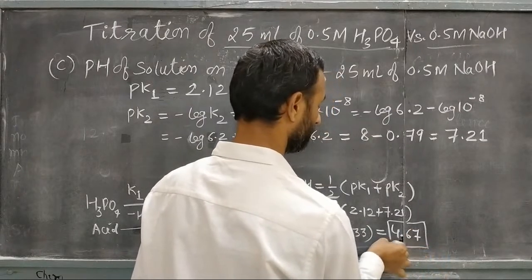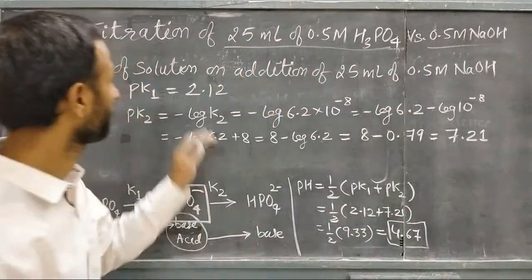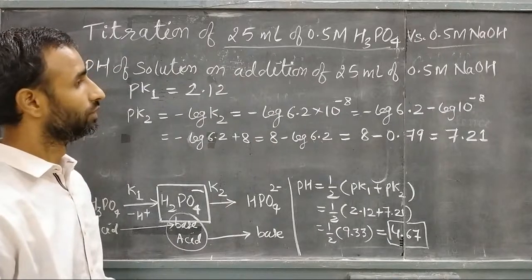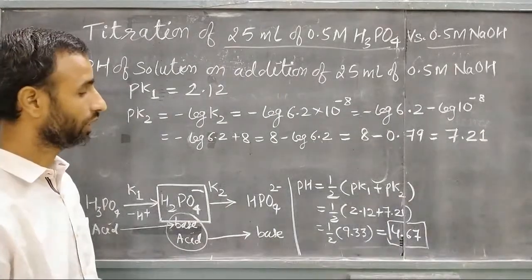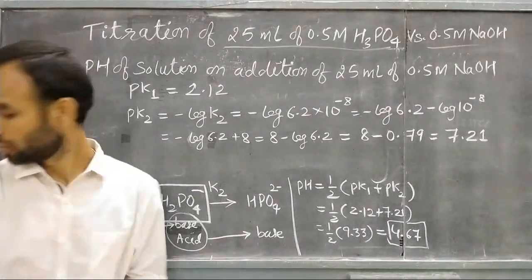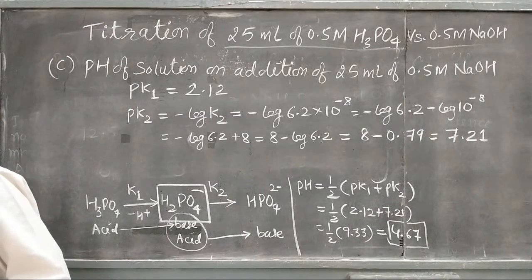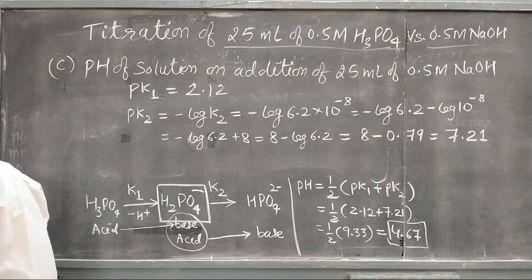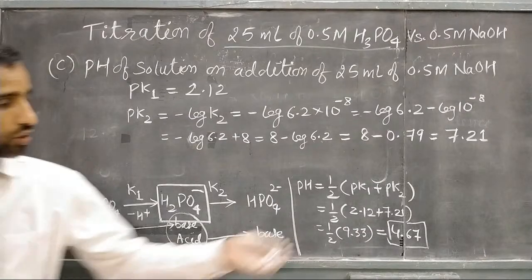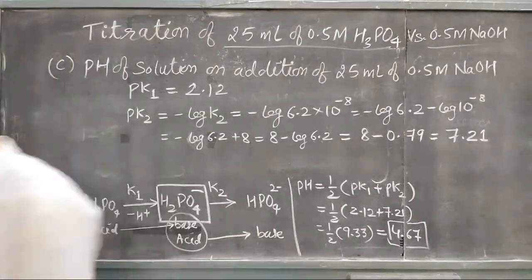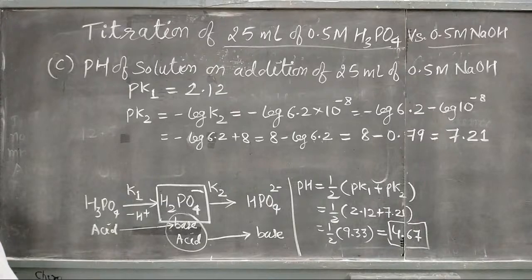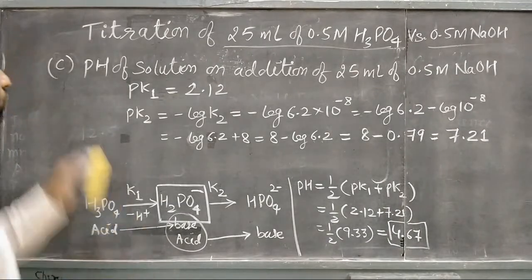So this is the pH at the first equivalence point, right? So roughly 4.67.